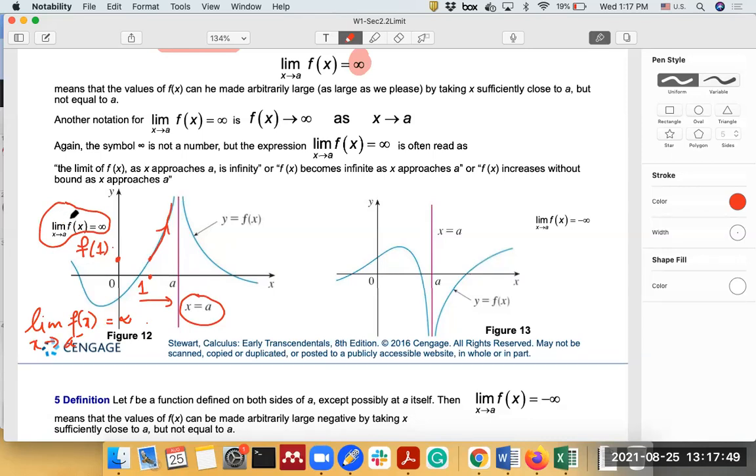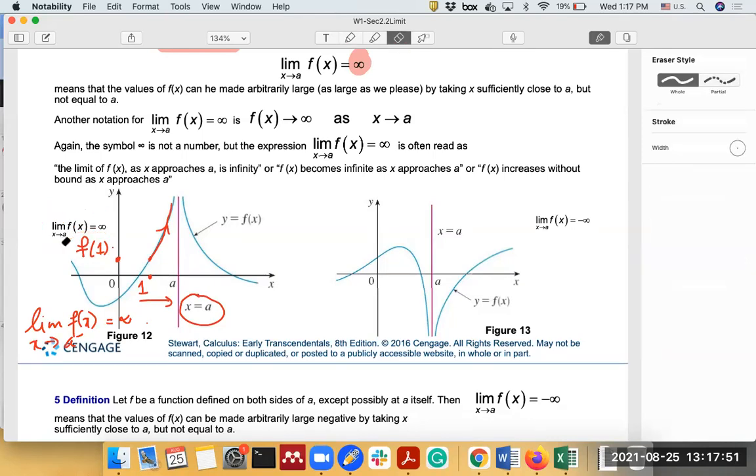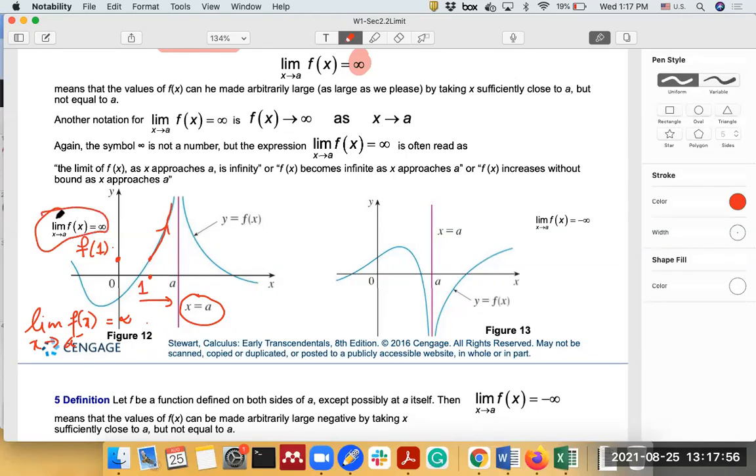So in general, we say that the limit of f of x when x approaches a is infinity. Just a new concept. Similarly, if it becomes very negative, below 0 here, then we say the limit goes to negative infinity. These are infinite limits.